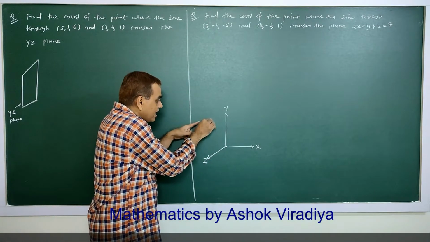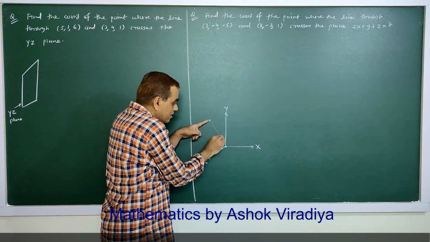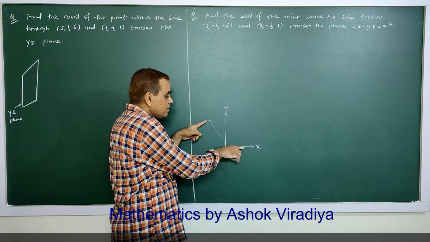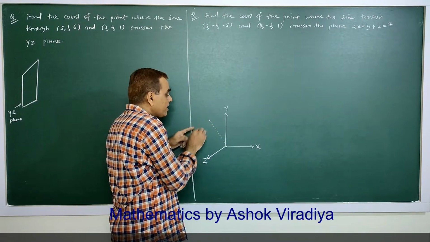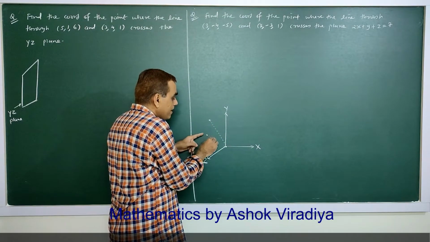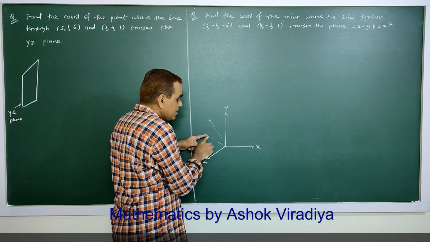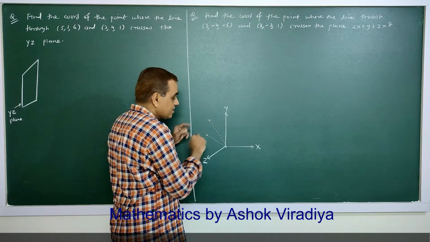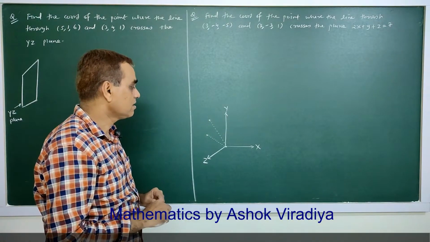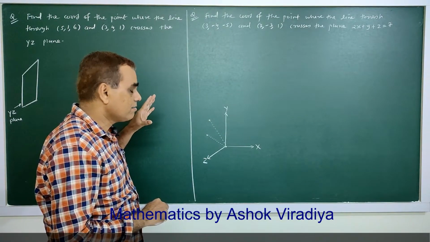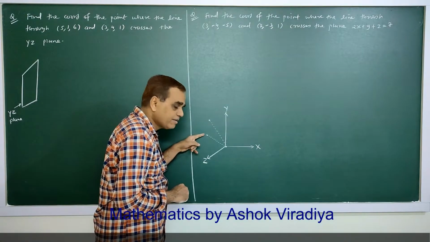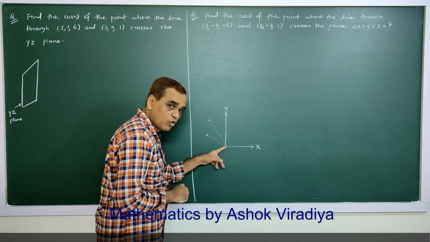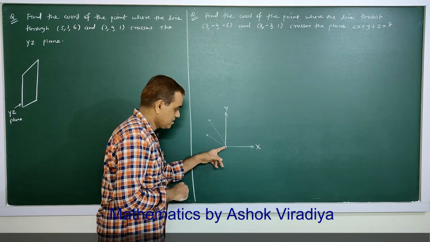From any point on the YZ plane, if you take a perpendicular on the x axis, say this is perpendicular to the x axis, then the x coordinate of this point is 0. Taking a perpendicular from any point on the YZ plane, the perpendicular always goes to the origin.